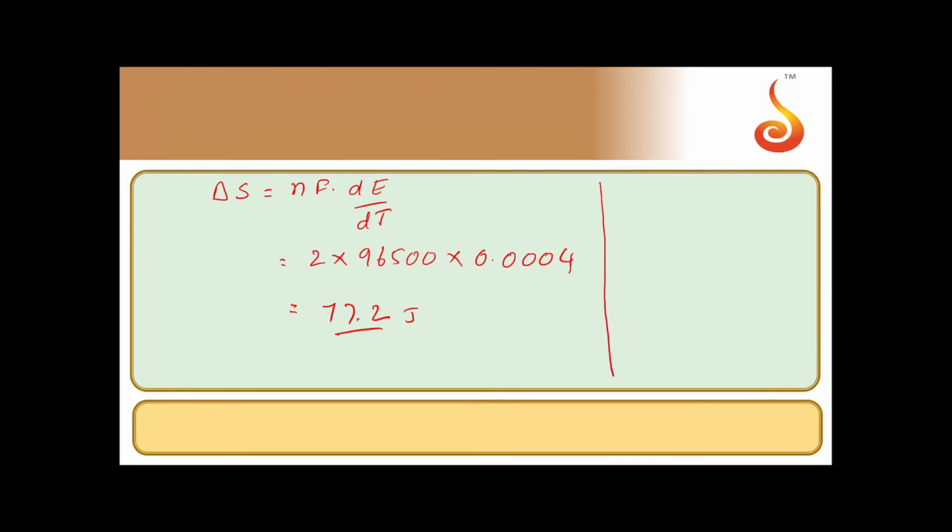Similarly, we can also find out delta G. We have a direct formula for that also: delta G equals minus nFE. So take your temperature as 298 Kelvin, and take the potential at that temperature only, because you require E also in this case. So it is minus 2 into 96,500 into the potential to be taken, 0.068.